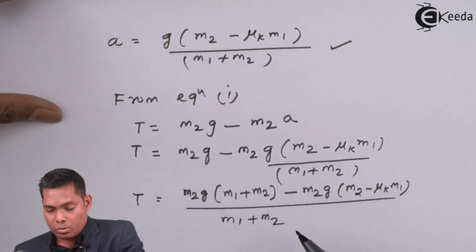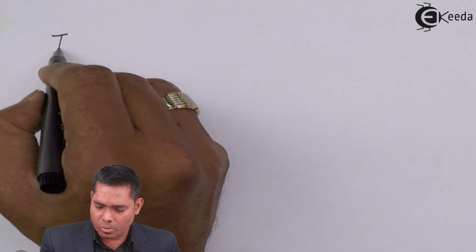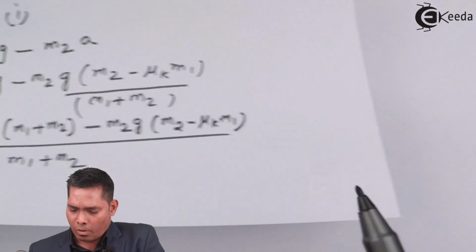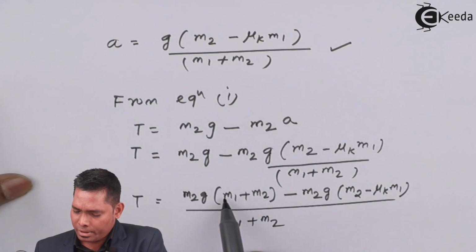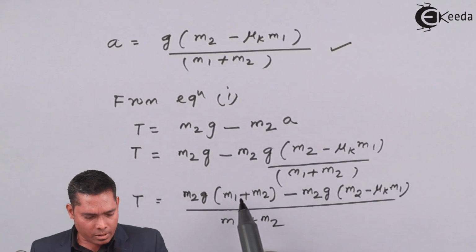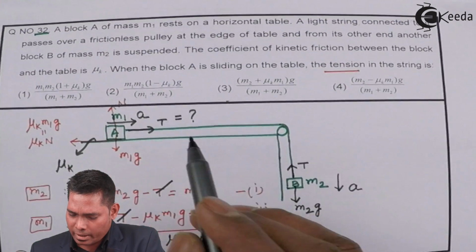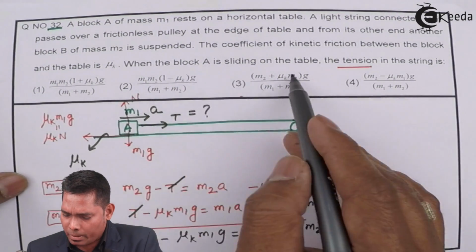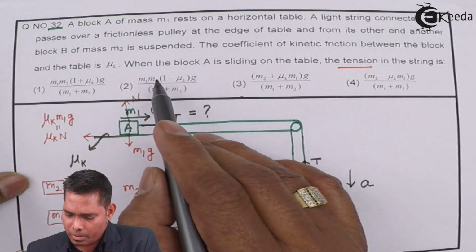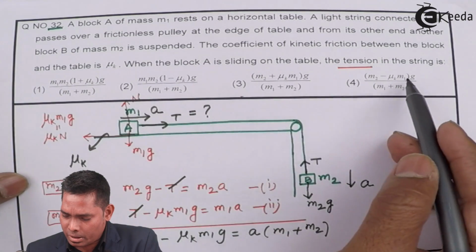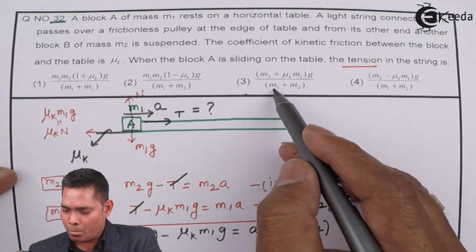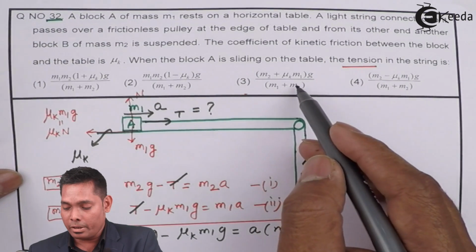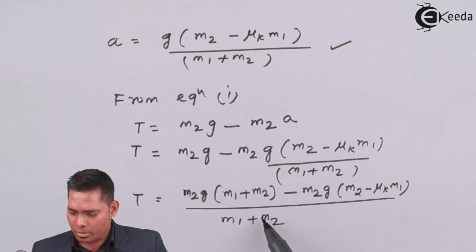Now to solve it and get any one of the following answers, T equals, I have to solve this, I have to multiply this, because here you can see one thing is that in all the options, in the numerator, g is common. So I'll try to write g common, because m1 plus m2 in the denominator I've already got.